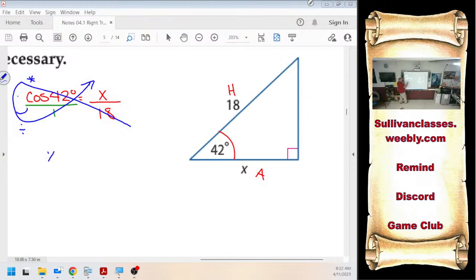So I will get x is 18 cosine of 42, and then you'll give me the approximation of it. Yes. Because if we don't see the degree symbol, we have to assume that we're in radians.